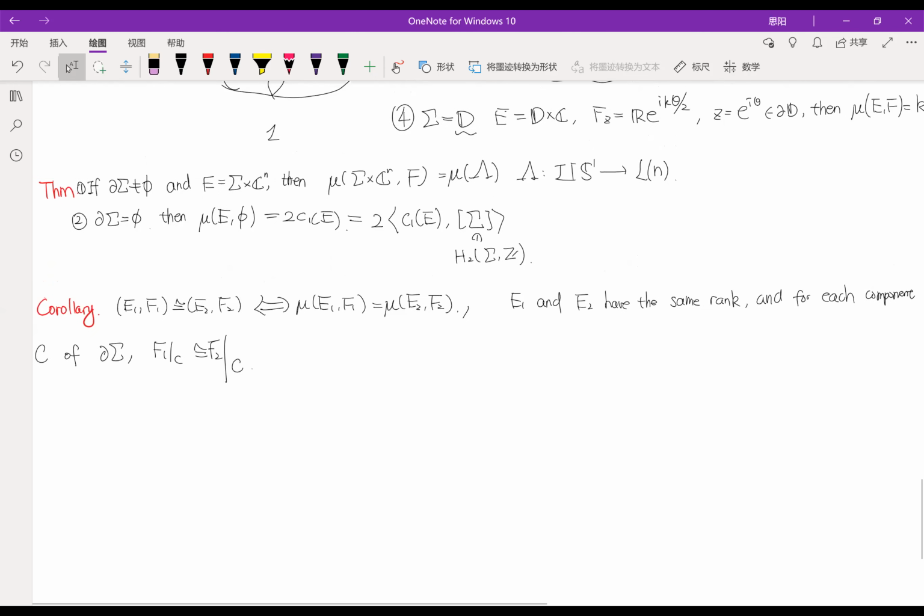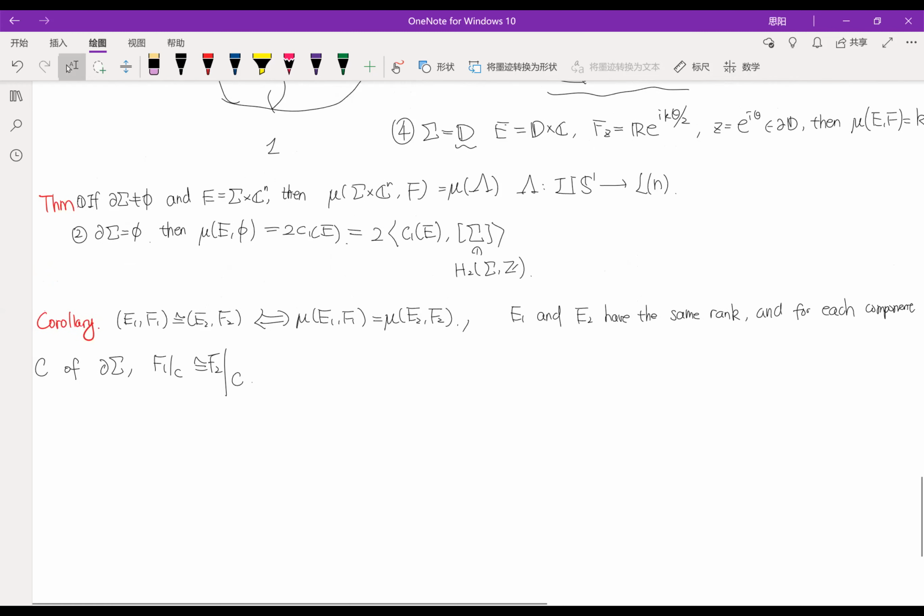I think we can firstly look into the property of the bundle pair. Because it is on the Riemann surface, we have a very good characterization.